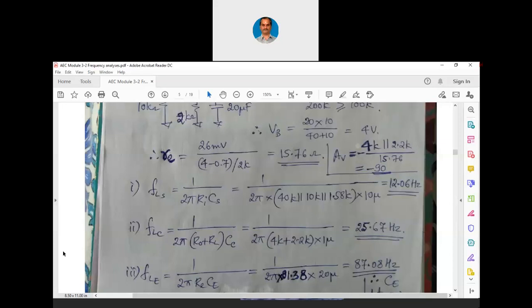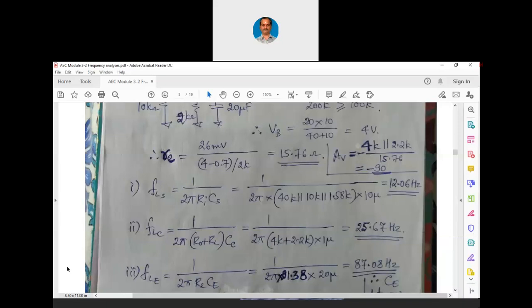Please remember this concept. We are trying to find out the lower cutoff frequency. The lower cutoff frequency is away from 0, right? Now this 12.06 Hertz is nearer to 0. 25.67 is nearer to 0. 87.08 is away from 0 when comparing these three frequencies.